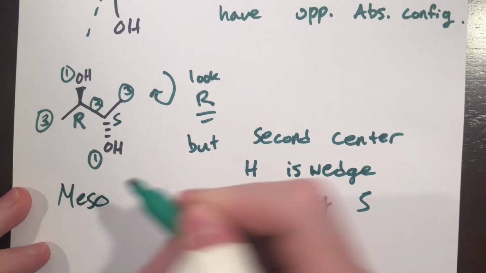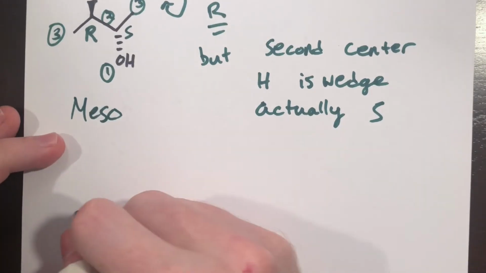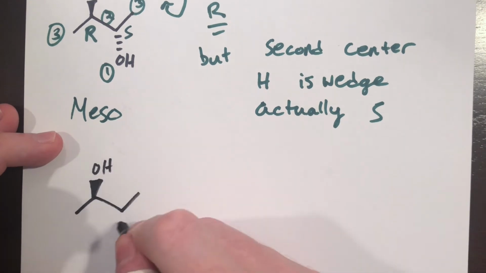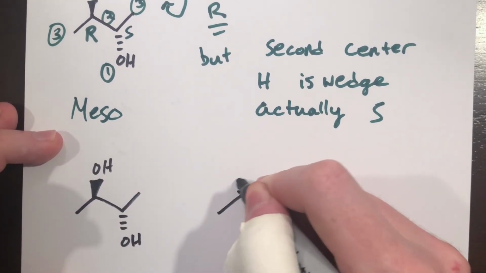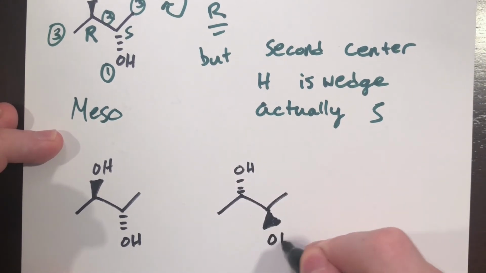So why this is relevant to this question is if we draw what appears to be its enantiomer, so I'll redraw this molecule and then draw its enantiomer. So here we have our wedge and our dash, and then its enantiomer would be dash and then wedge. Right?